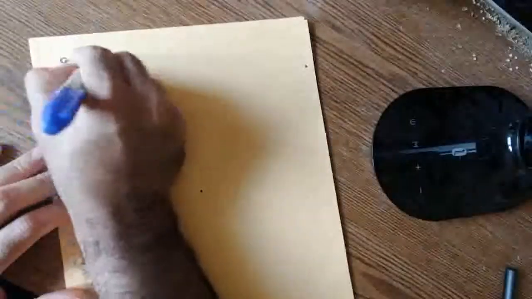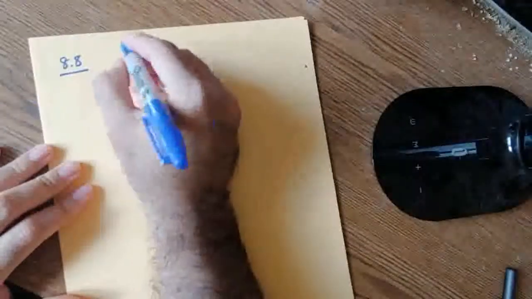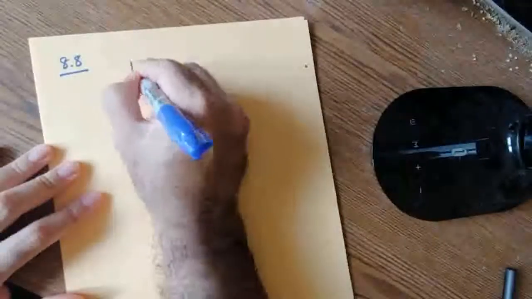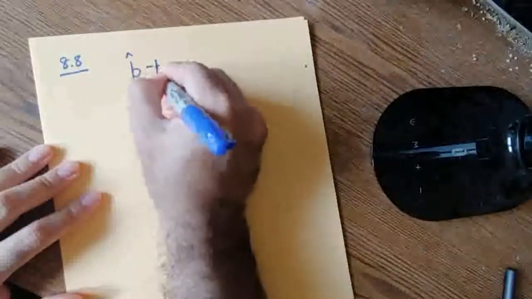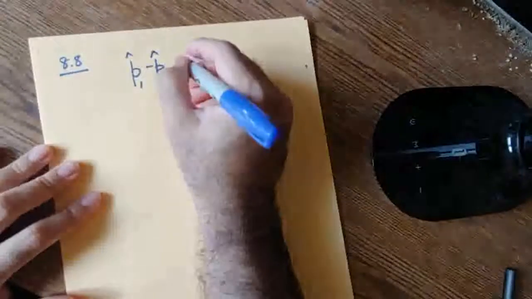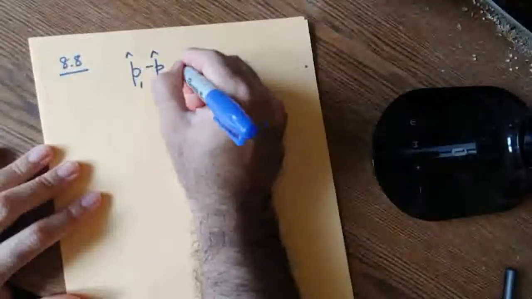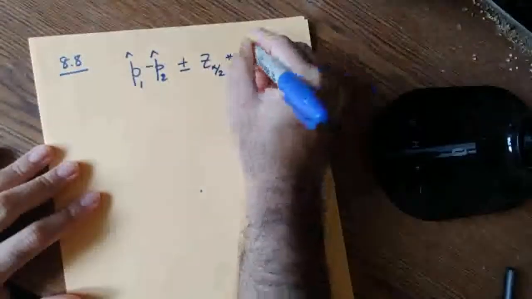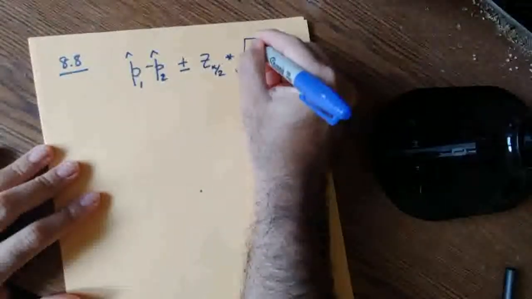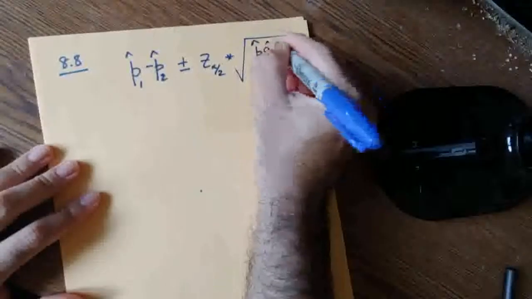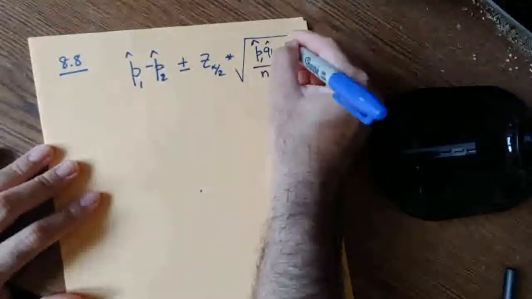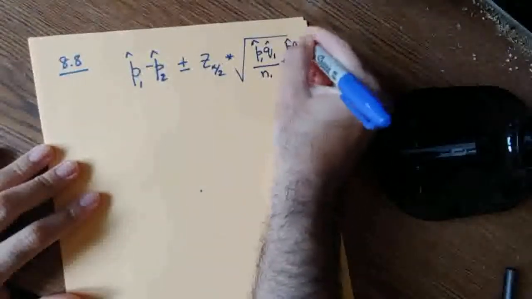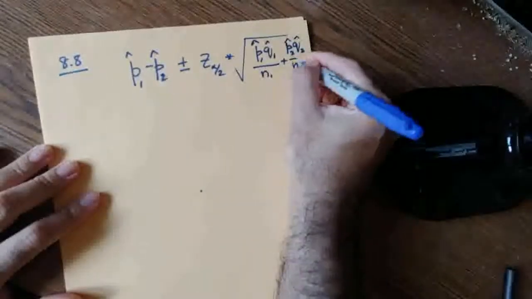So let's try the next one, 8.8. In this case, the formula for the confidence interval is p1 hat minus p2 hat plus or minus z alpha over 2 times the square root of p1 hat q1 hat divided by n1 plus p2 hat q2 hat divided by n2.